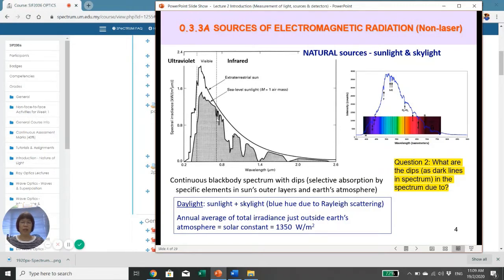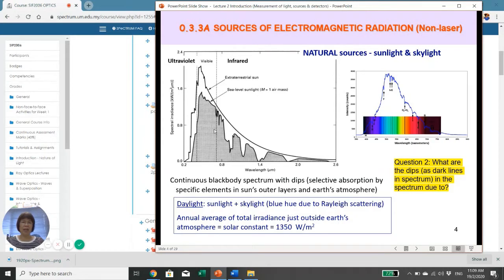As you can see here, it extends from about 200, 300 nanometers up to about 2000-something nanometers. And the visible range is between here and here. Here is ultraviolet, here is infrared.